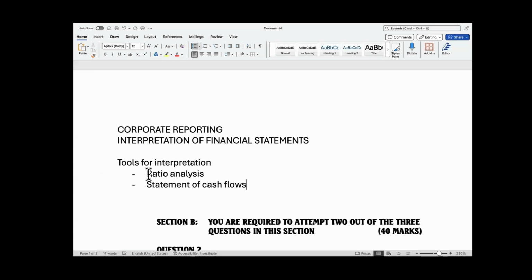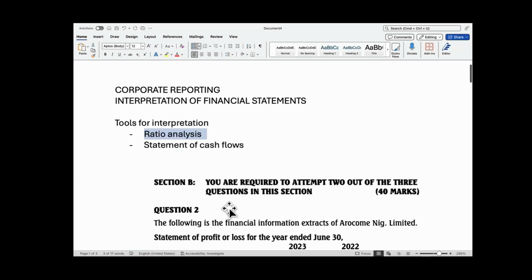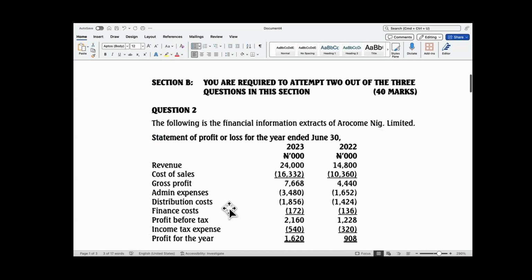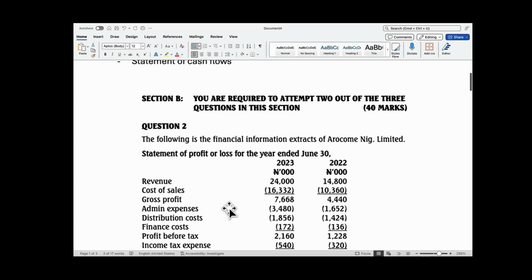Tonight, focus is going to be on ratio analysis. And I'm going to use a past question approach, meaning we're going to use past questions to really tackle this topic so that we can use a stone to kill two birds.